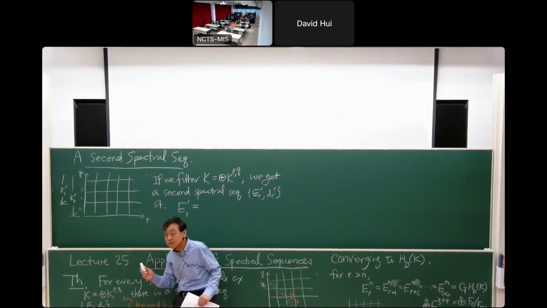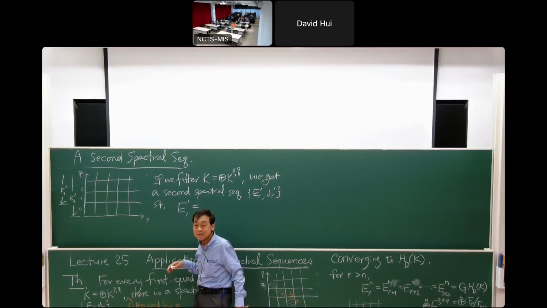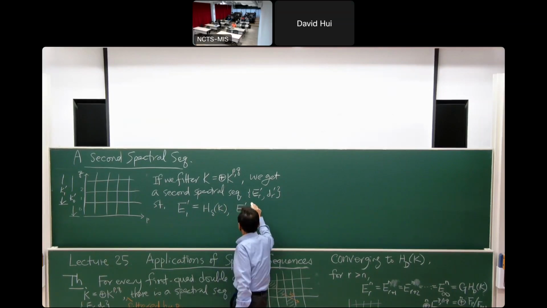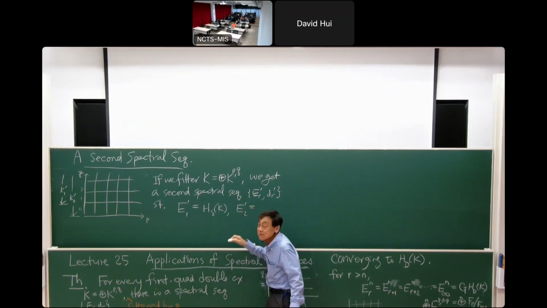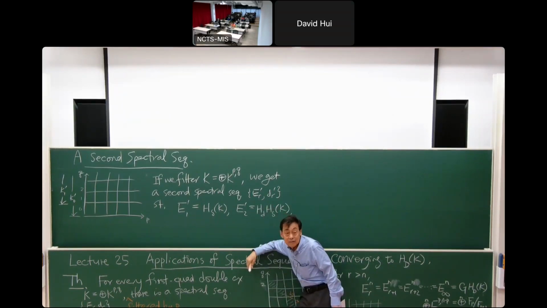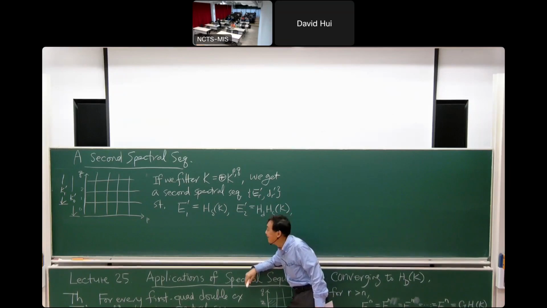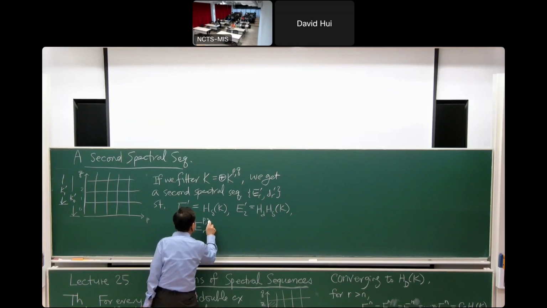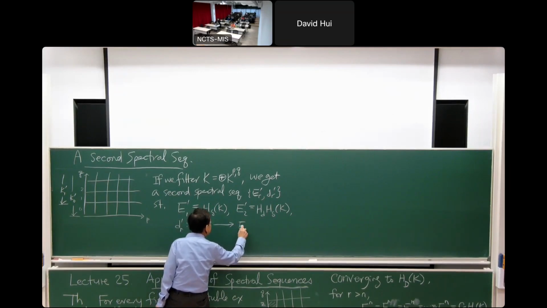Instead of this vertical differential, now it should be the horizontal differential. So E_1 prime is H_delta of K, and then E_2 prime would be H_D H_delta, because we're flipping the vertical and the horizontal. And d_r prime should go from E_r^{p,q} to where?